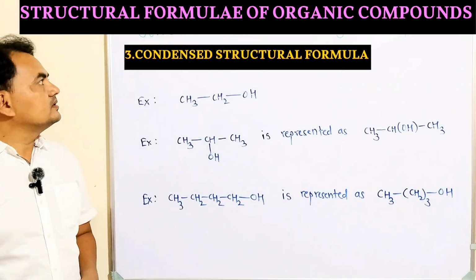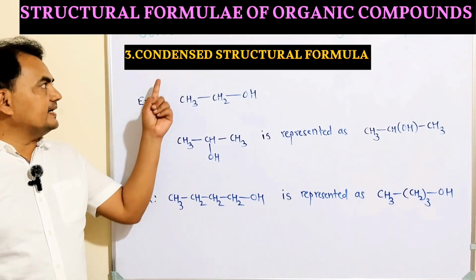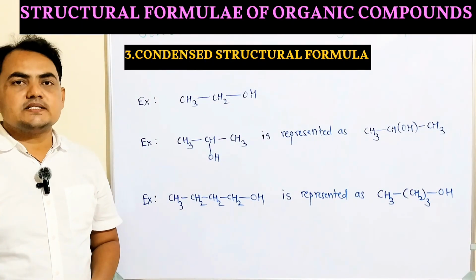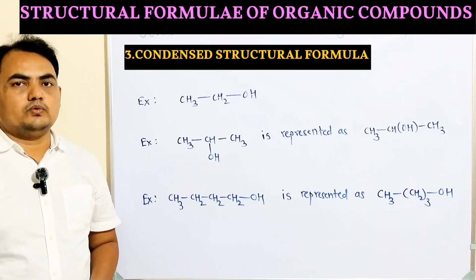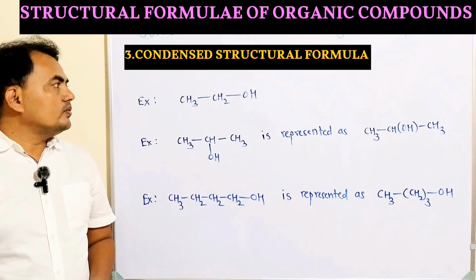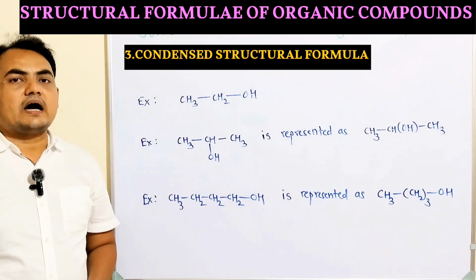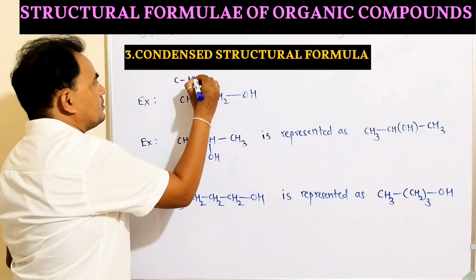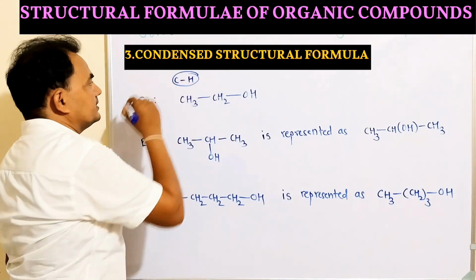Now we see the third type of structural formula, that is the condensed structural formula. The condensed structural formula is an easier and shorter way to write the structure of a molecule. In this formula we do not represent the carbon-hydrogen bond.